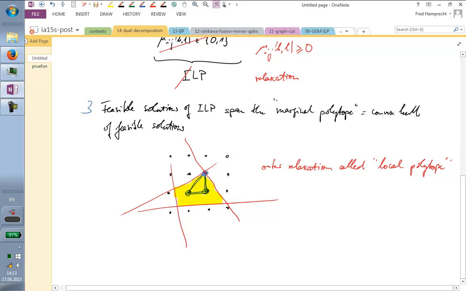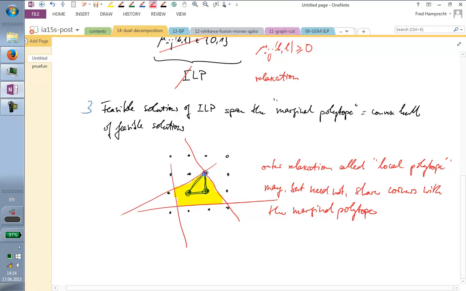Again, from my sketch, you can already see that this local polytope may, but need not, share corners with the marginal polytope. So optimizing over this local polytope is relatively easy because this is just a linear programming problem. Optimizing over the marginal polytope is hard because it's an integer linear programming problem.